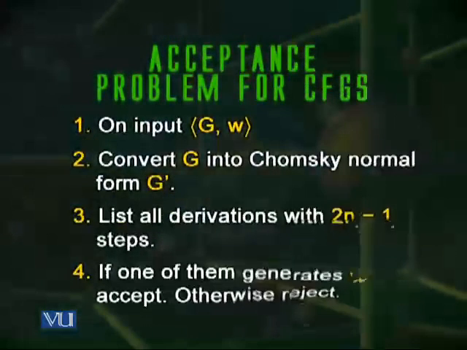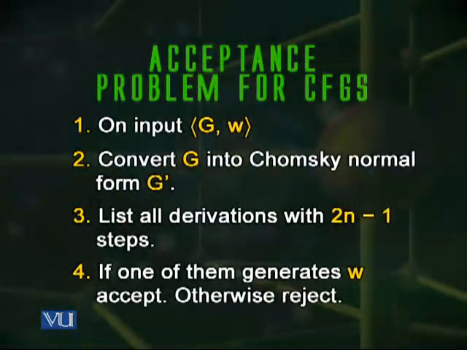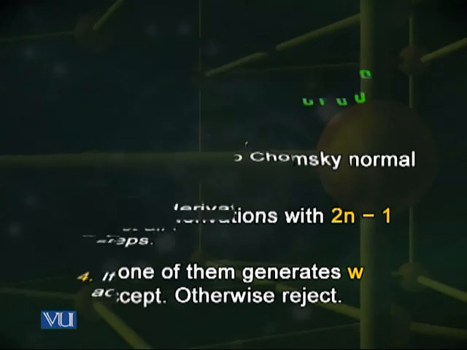Here, n is the length of the string W. Now, we will check if one of these derivations generated W. If it did, we will accept, otherwise we will reject. So, here, in order to show that this language is decidable, we're using our knowledge about context-free grammars.